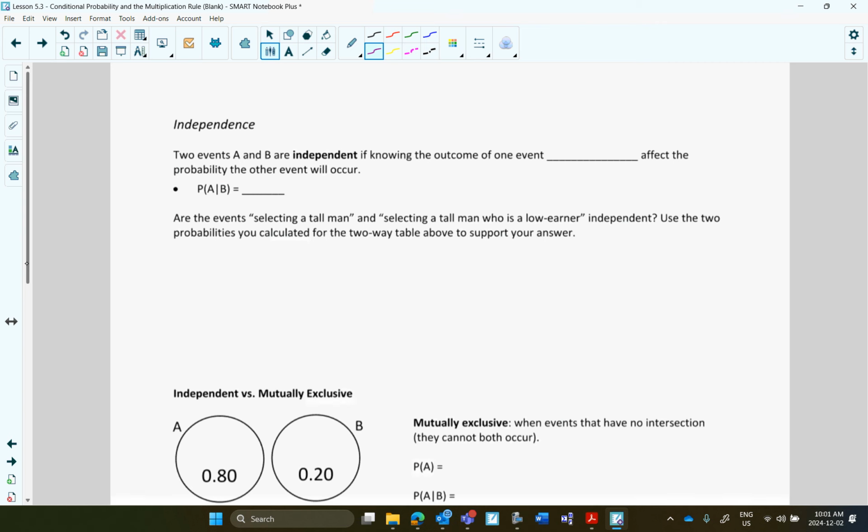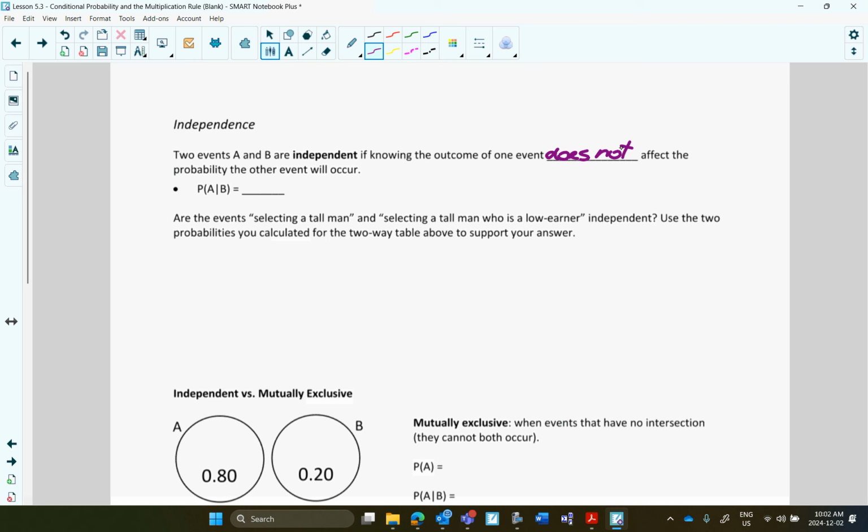Now, we can test, now that we know conditional probability, whether two events are independent of each other. And if two events are independent of each other, that means knowing the outcome of one event does not affect the probability the other event will occur.